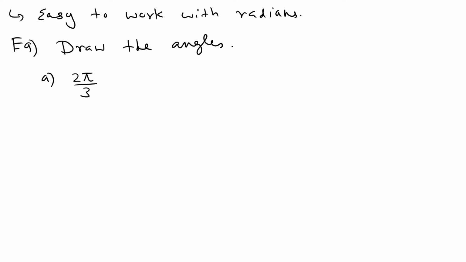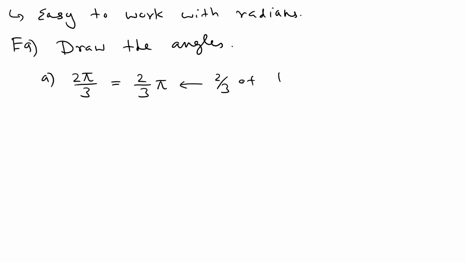We can make a simple observation. We can write this as 2/3 pi. We know that pi means a straight angle. So that means you get 2/3 of that. We can look at this as 2/3 of a straight angle.